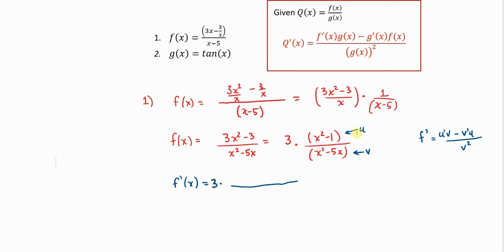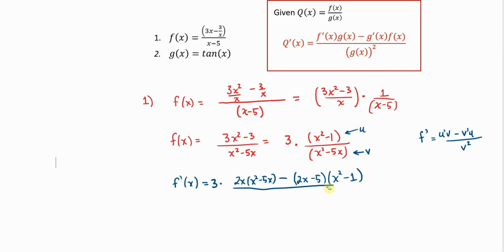The derivative of the top, which is u, is just 2x, times the bottom, which is x squared minus 5x, minus the derivative of the bottom. Let me draw this a little bit better here. Minus the derivative of the bottom, or v prime, is 2x minus 5 times the top, x squared minus 1.